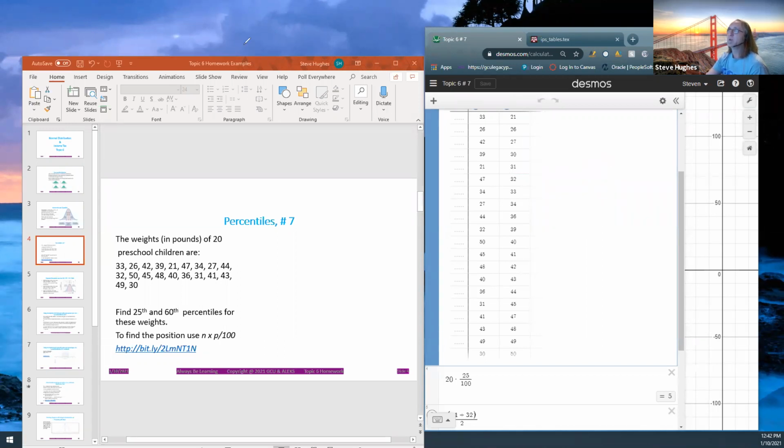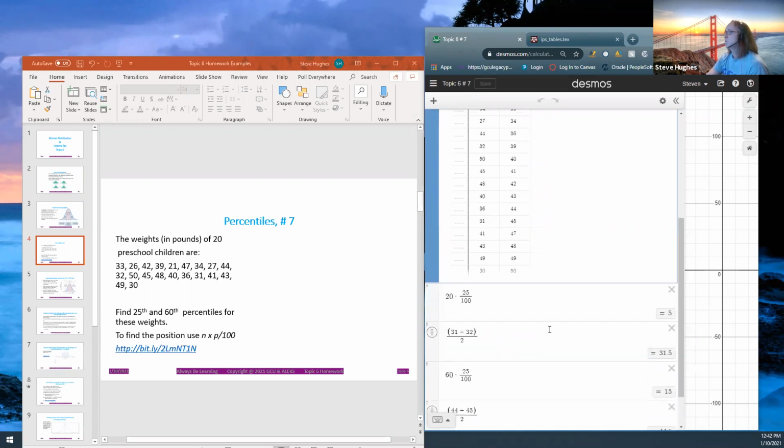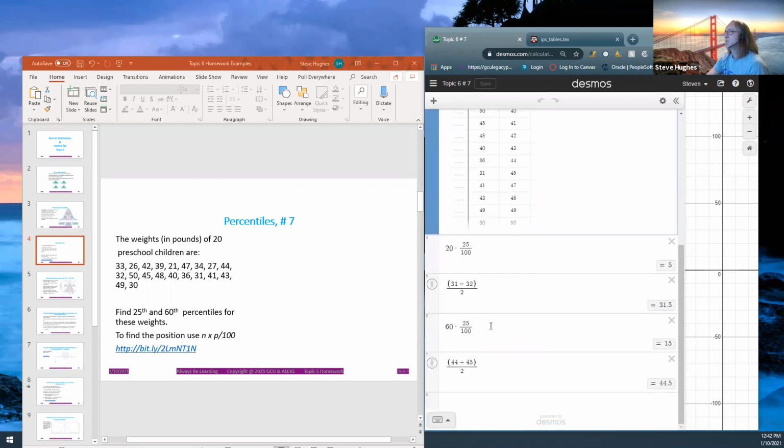All right, next, it wants me to find the 60th percentile. Let's scroll down on my Desmos calculator, 60 times 25. Once again, remember, I'm using this formula, n times p divided by 100. 60 is n, 25 is p. Oh, that's not correct, is it?